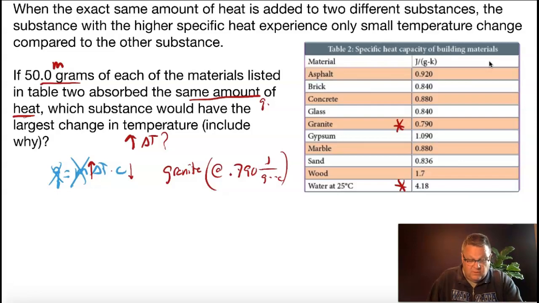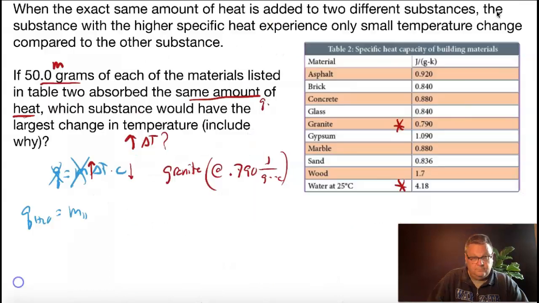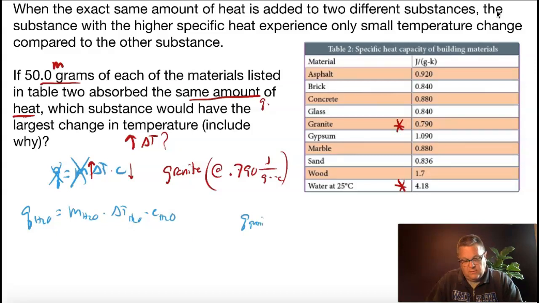Now, another way of doing this is you could calculate Q water is equal to mass of water, delta T of the water, specific heat of the water, and then you could calculate Q granite is equal to mass of granite, delta T granite, specific heat granite.